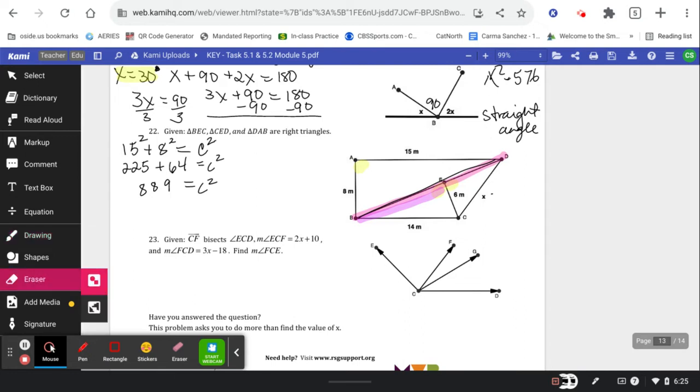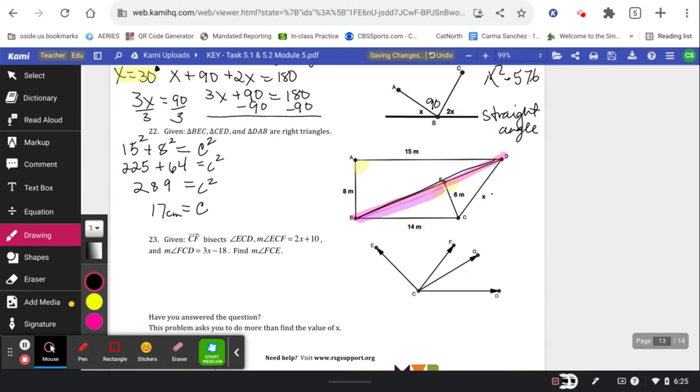Sorry, guys. I said 889. I meant 289. And then we're doing the square root of that. I think it's 17, but I'm doing it on my calculator to be safe, and it is. All right, so 17 centimeters for that long pink side.